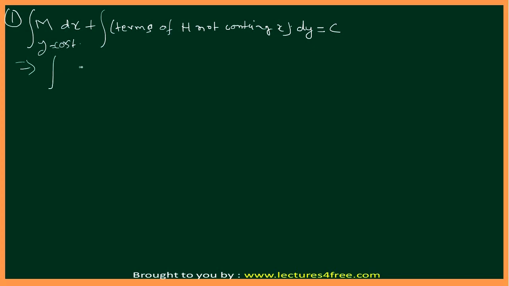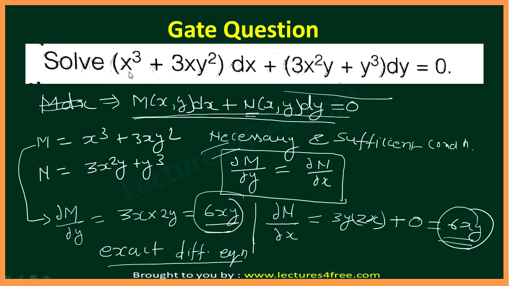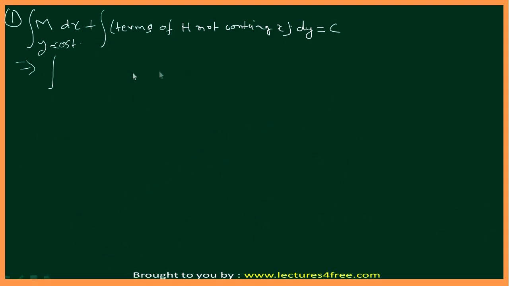In this question, M is x³ plus 3xy². So write down here the integration of (x³ plus 3xy²) dx, but we have to treat y as a constant here, plus the integration of N, but only those terms which do not contain x.